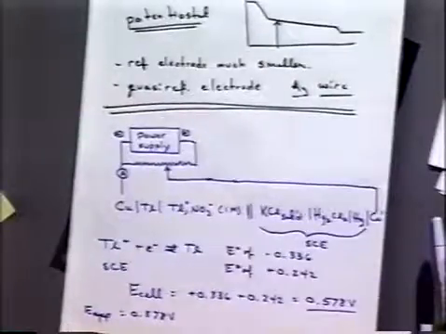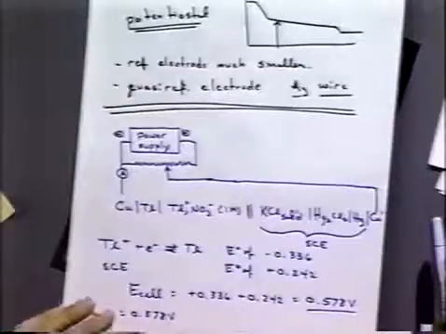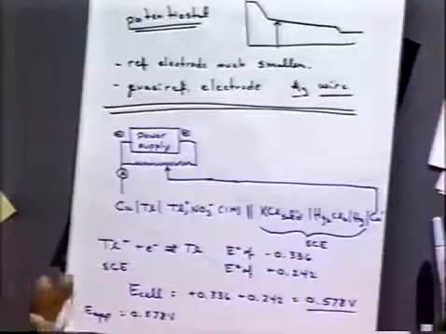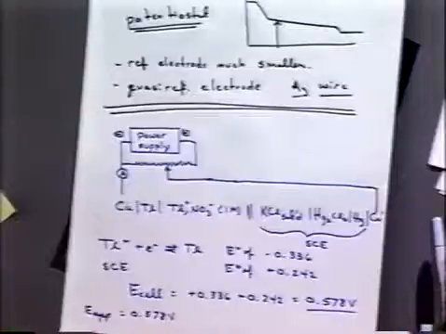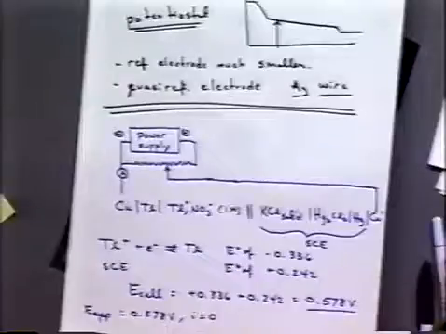Well, in that case, we would have the power supply make our cell go from a spontaneous system to one in which we've got no potential difference between the terminals. In that case, the current would have to be zero because we would have exactly what we'd have for a system that would not occur spontaneously. So if we apply 0.578 with our power supply, the current would be zero.